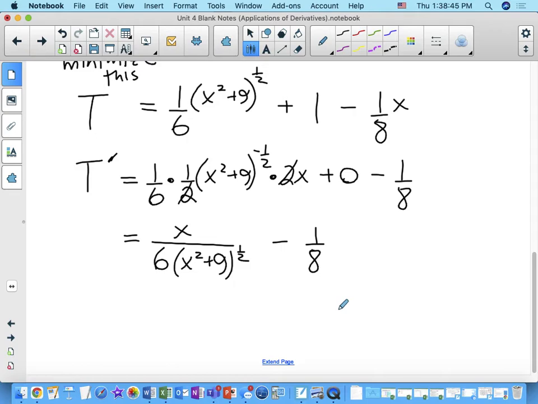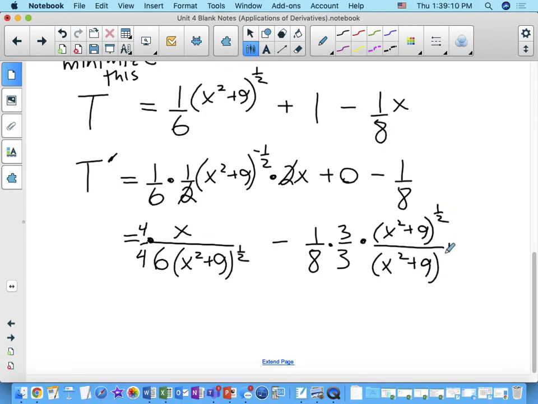Okay, so I have to multiply this by 4 over 4. Add this by 3 over 3. And then this piece I also need over here. So I also need to multiply this by x squared plus 9 to the 1/2 over x squared plus 9 to the 1/2.